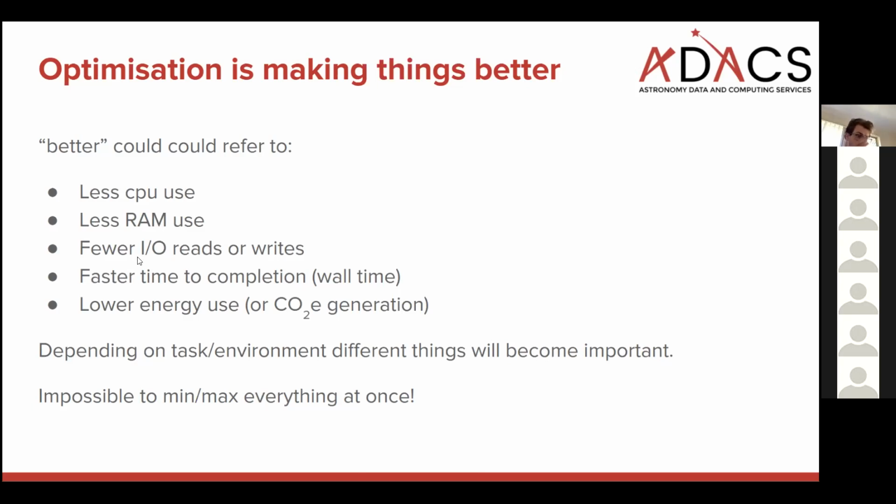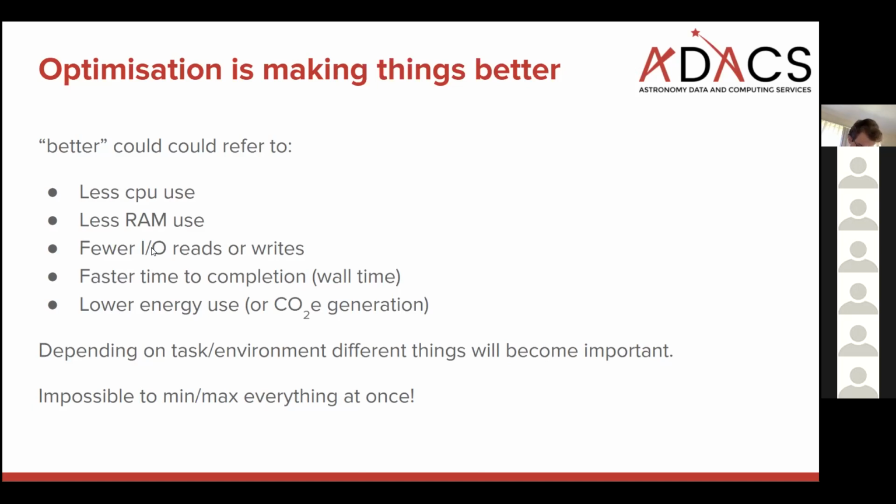You could be more concerned with the I/O, reads and writes. You could only care about your time to completion, regardless of resource usage. Or you could be concerned about lower energy use or CO2 generation.